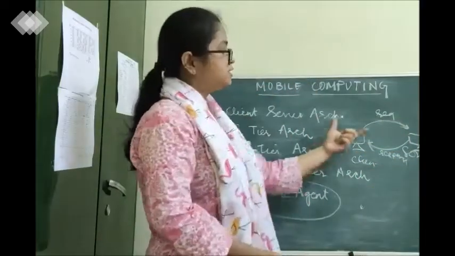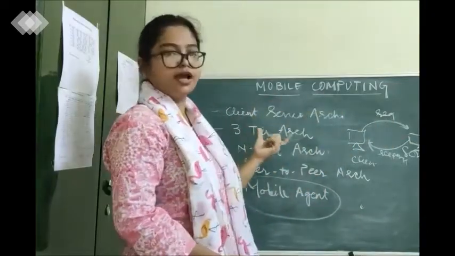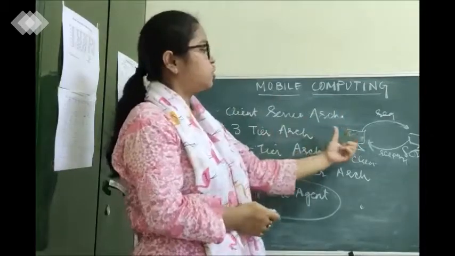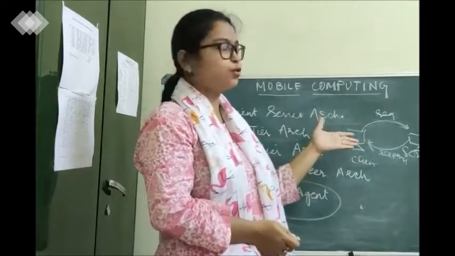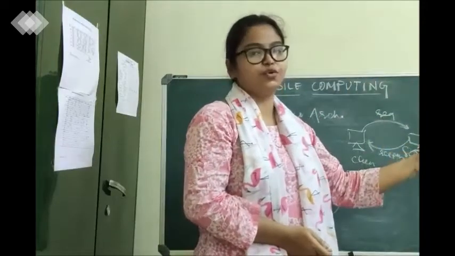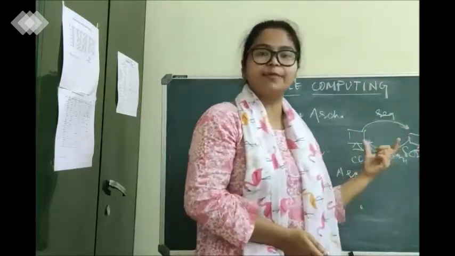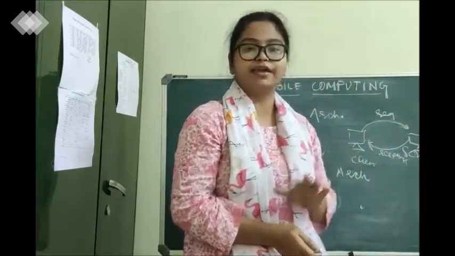So this is the basic of the first three architectures, in which one system has a specific role to play, and the other system has some other role to play. They have different capabilities, different powers in terms of what they can do.